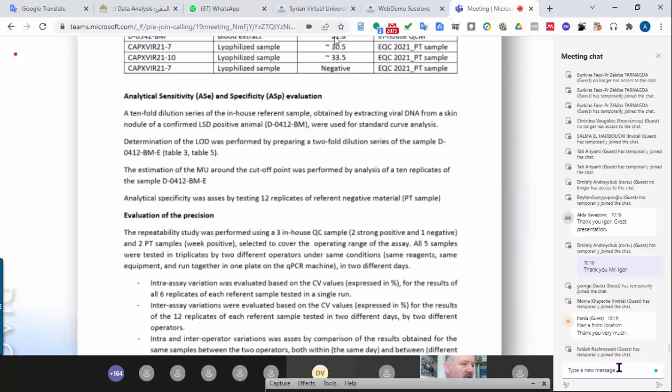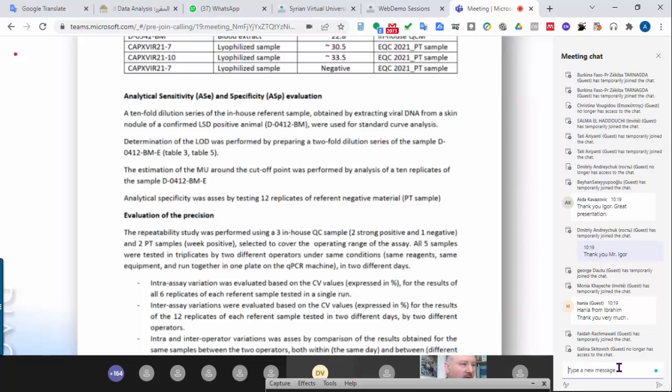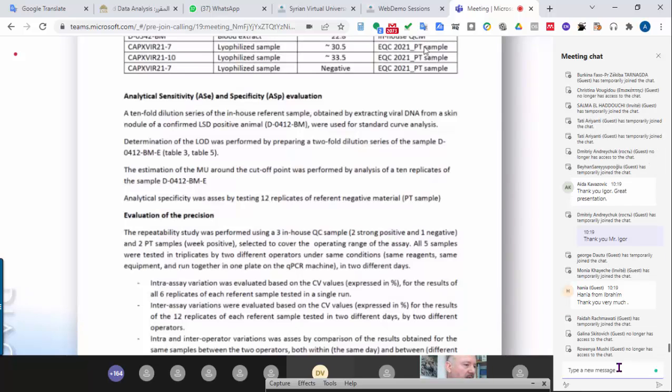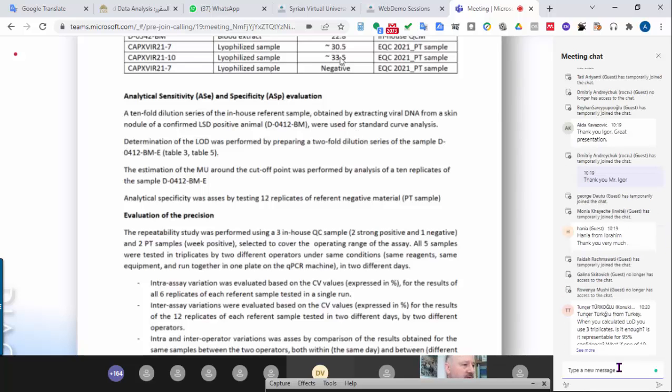But we had to use them because the laboratory did not possess any other external quality control material, such as a strong positive sample involved in a proficiency panel. They only have these low positive samples, but regardless, we used them as external quality reference material, and we used these in-house quality reference materials as strong positive controls.